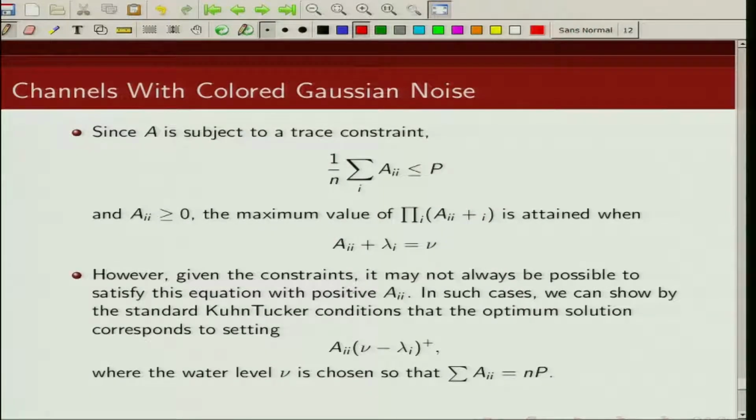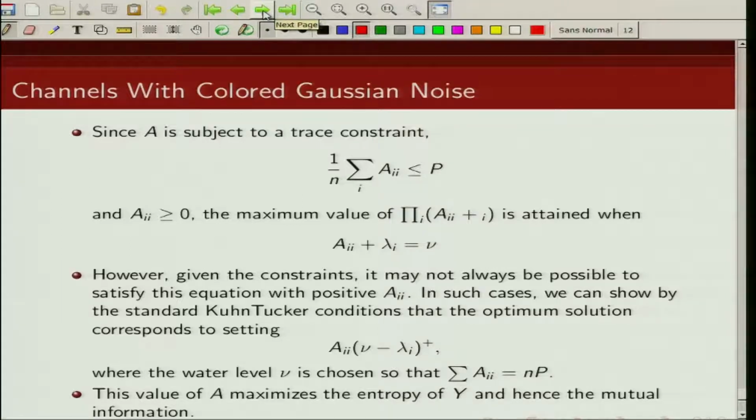However, Ais cannot be negative, so it may not be always possible to satisfy this constraint on Ais. So in such case we show by standard Kuhn-Tucker conditions that the optimal solution corresponds to basically this, where we choose this water level mu such that summation of Ais is equal to n times P. So this is similar to basically water filling in the spectral domain.